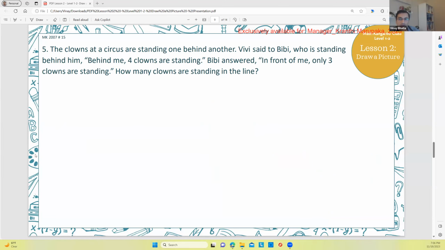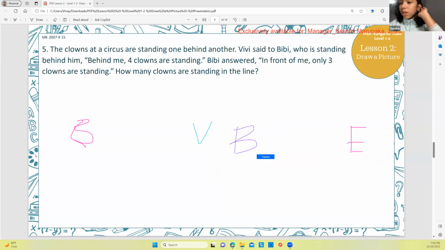Saisha, you wanted to draw? Draw and show how you will solve this problem. Okay, so this is the beginning of the line, and this is the end of the line. So Vivi is in front of Bibi. And behind Vivi, there are 4 clowns.